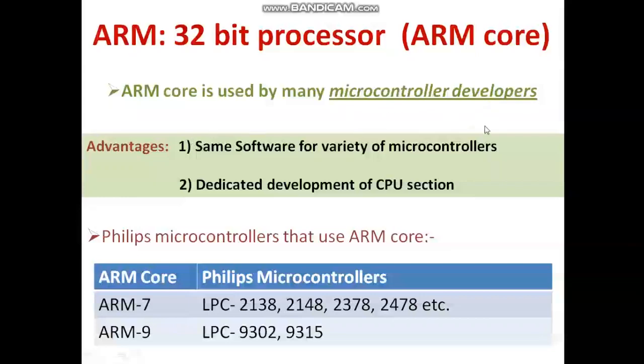So these are the two basic advantages of this methodology, that the CPU section is developed by one company while it is used by different microcontroller developers to develop their own microcontrollers for various dedicated applications.